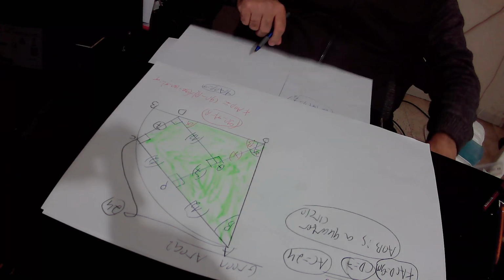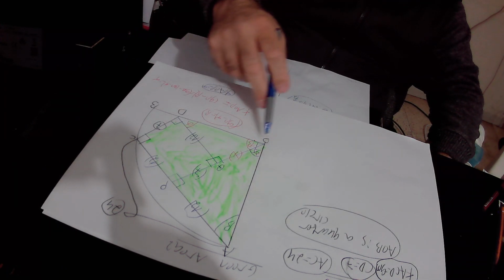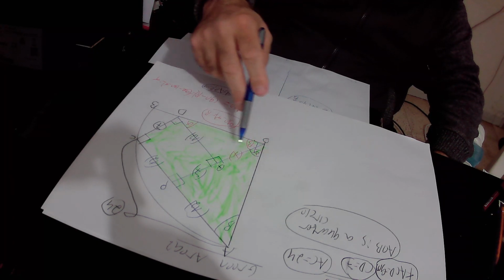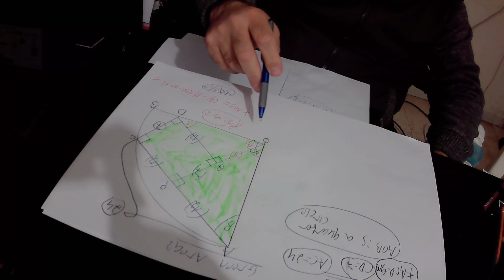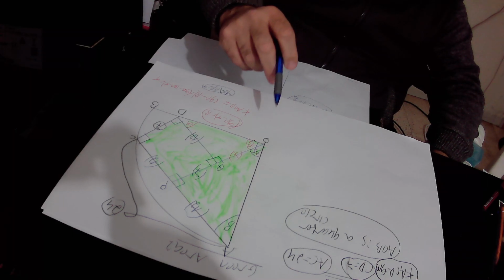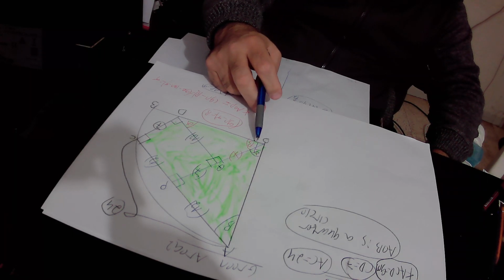In the next step, I'll copy the right triangle APO to a new page, and we find out the value of tangent alpha in this triangle.